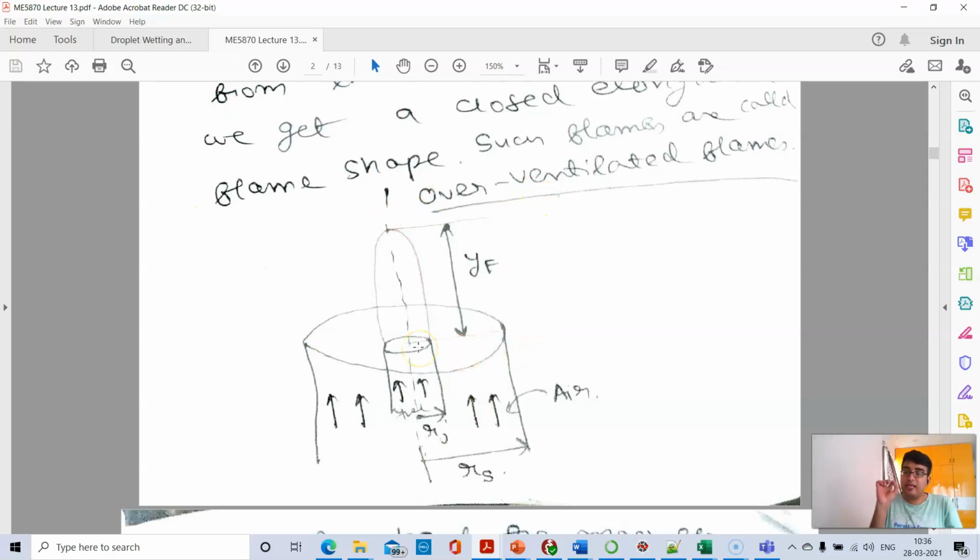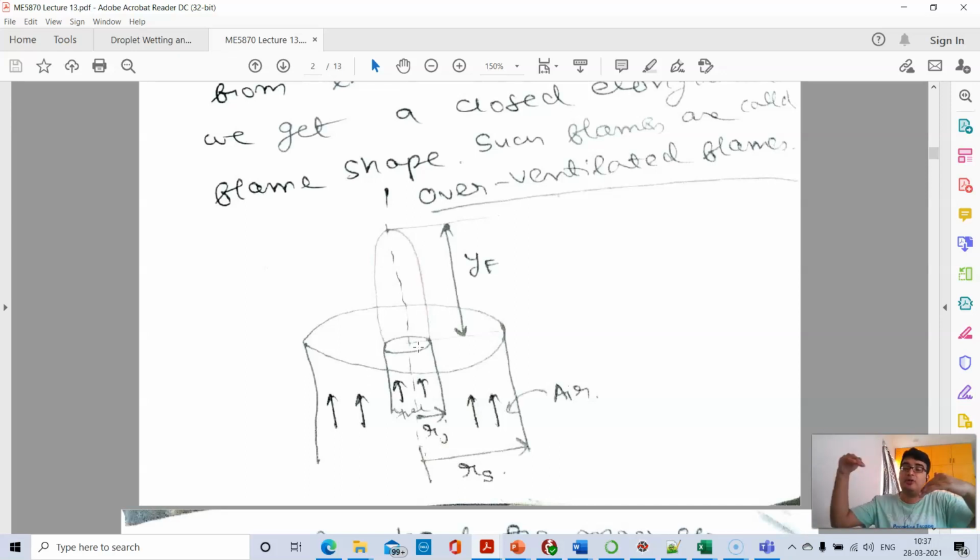Because if the flame is at stoichiometric proportions, then the fuel and oxygen are entering the flame in perfect balance. All the fuel molecules are combining with oxygen, all the oxygen molecules are combining with fuel, and there is no excess fuel on the air side and no leftover oxygen on the fuel side. Where the balance is exactly perfect, the fuel concentration and oxygen concentration come down and become zero at the flame.